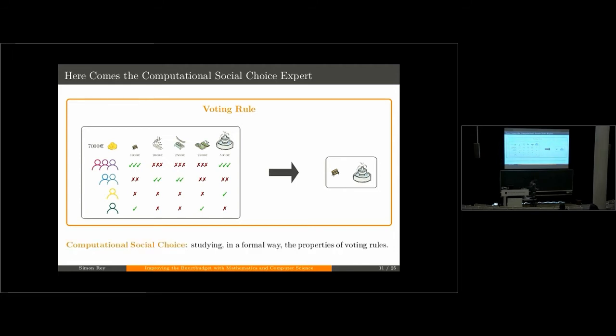And we study them in a formal way, and we want to look at what kind of properties they have, in the hope to come up with the best one. And in the hope for me to be able to tell you, well, you want to run a participatory budgeting process, use that way of counting the votes. So that's roughly the idea.